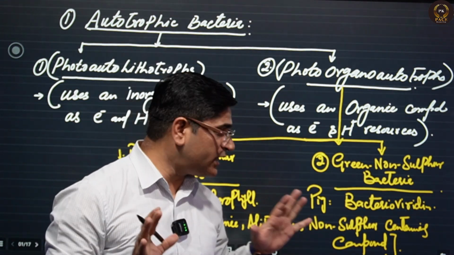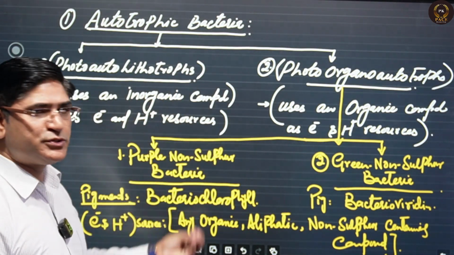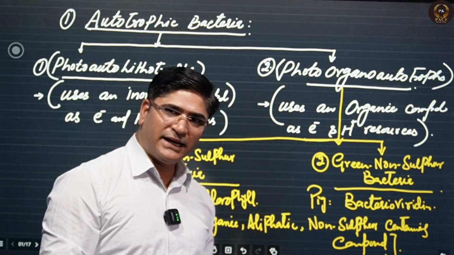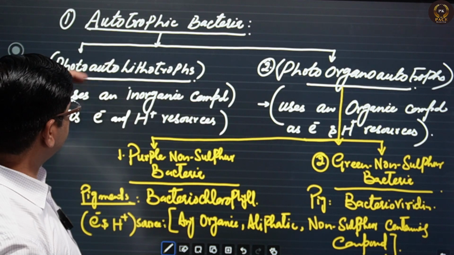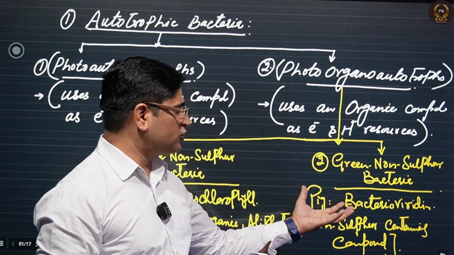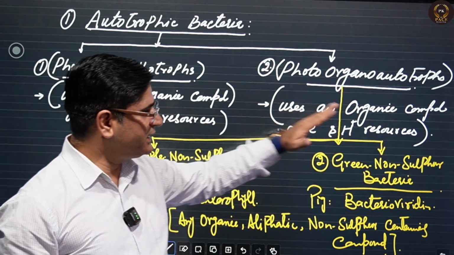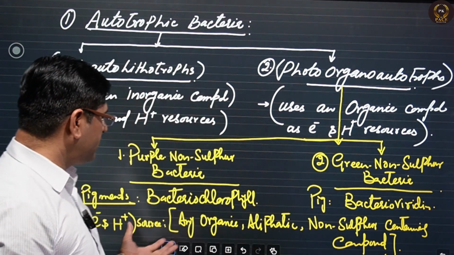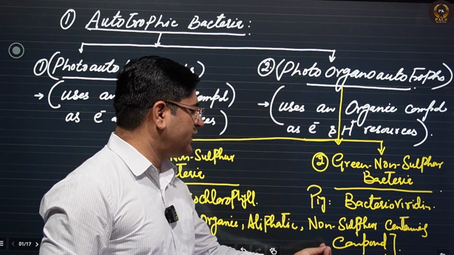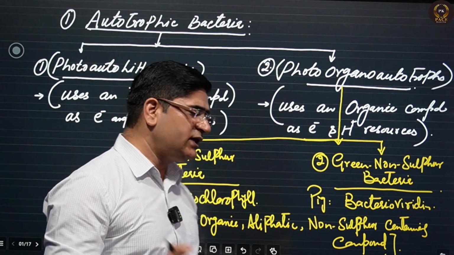That is the difference you have to memorize. That is the difference between the different groups of the classification of bacteria based on nutrition, photolithoautotrophs and photoorganoautotrophs. Organoautotrophs, you have to remember, there are two types, purple non-sulfur and green non-sulfur bacteria, and their electron proton resource is the same, any aliphatic organic compound but non-sulfur containing.